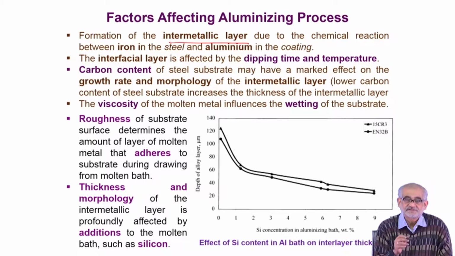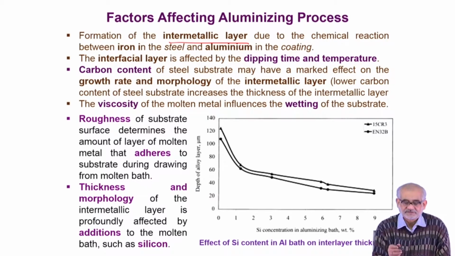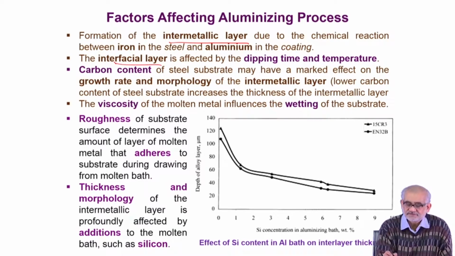So the coating substrate interface will be prone to development of very high stress as the thickness of the layer increases, and hence there could be spallation or crack formation at this coating substrate interface. So the thickness or the interfacial layer adhesion will depend upon the dipping time and temperature.